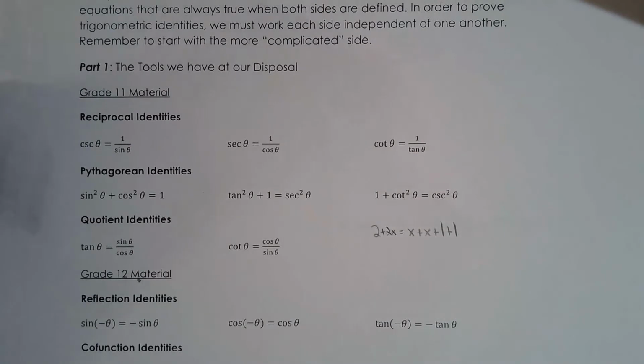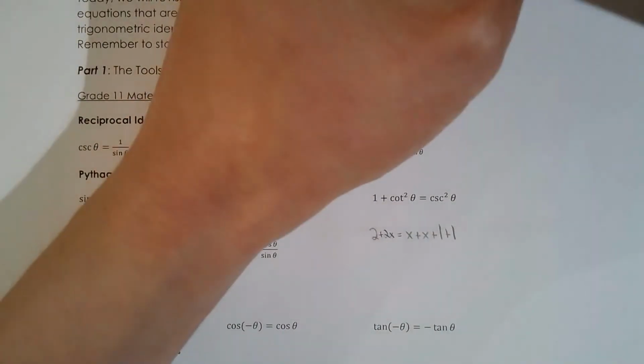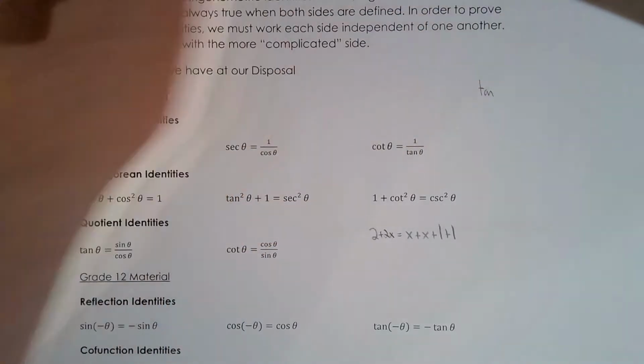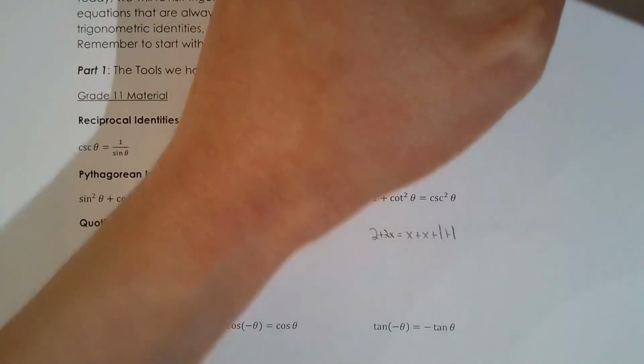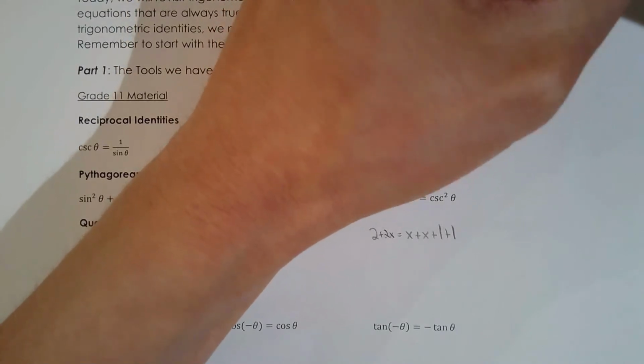That both sides are defined part is really important. So I'll show you what I mean by that. If in grade 11 you might have seen tan theta times cos theta equals sine theta.